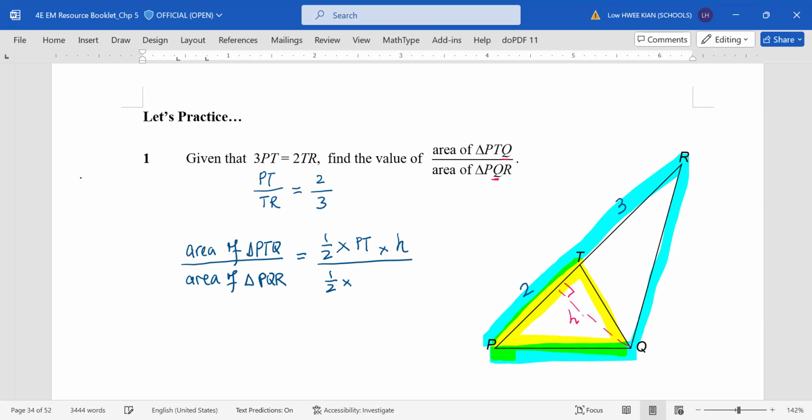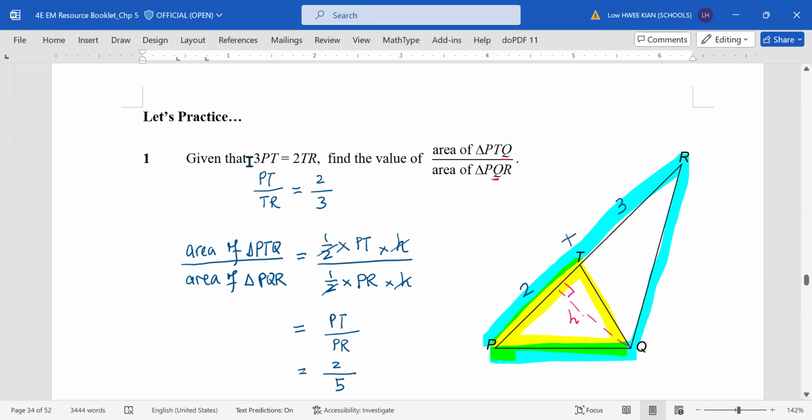In this case, the base is the big triangle in blue, which is PR, and I also have the common height, which is H. Given this, H cancels. So what is left is PT over PR. What is the ratio of PT over PR? PT is quite clear, it is 2 units. And what is PR? PR is PT plus TR. So 2 plus 3, therefore I have 5. Yeah, so this is another example of how we can find the ratio of area by using common height.